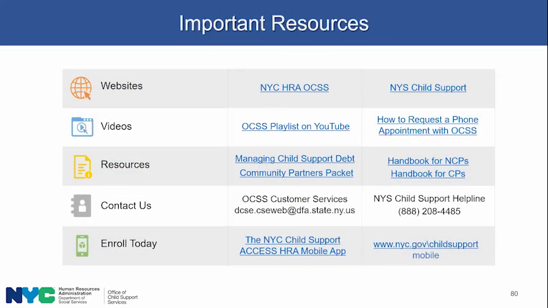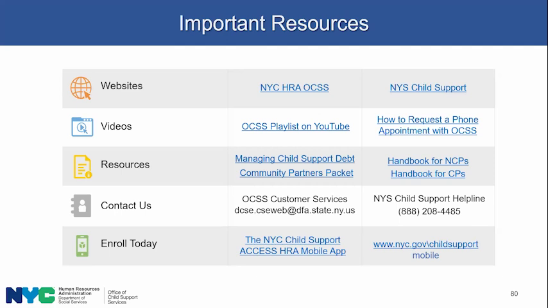Listed here, you see several important resources for OCSS, so child support information: the city OCSS, New York State Child Support, and the OCSS playlist on YouTube, including how to request a phone appointment. The library of videos is still evolving and growing.